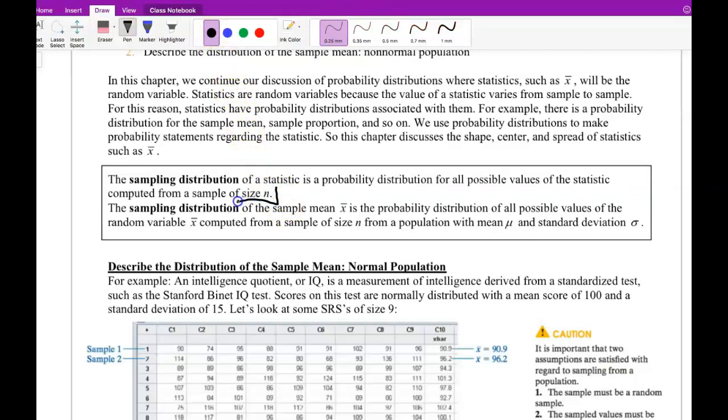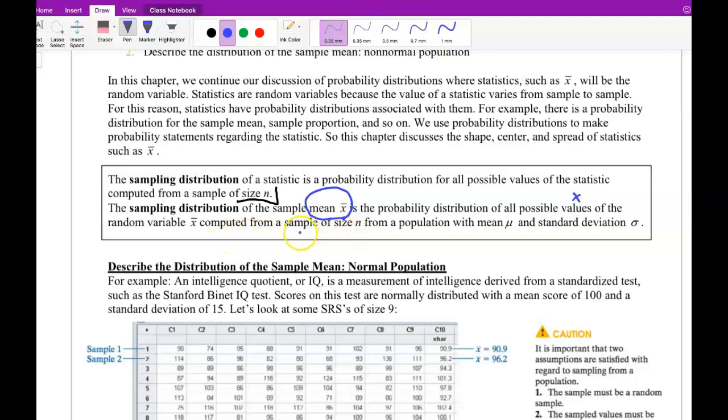The sampling distribution of the sample mean is x bar. So the distribution of a sample mean x bar is the probability distribution of all possible values.